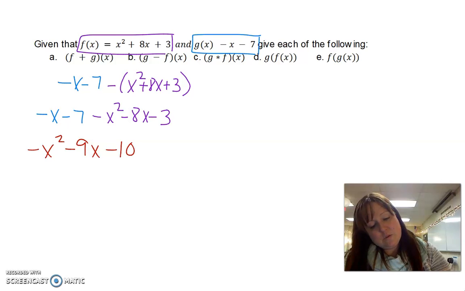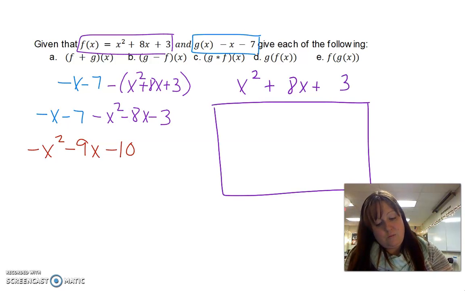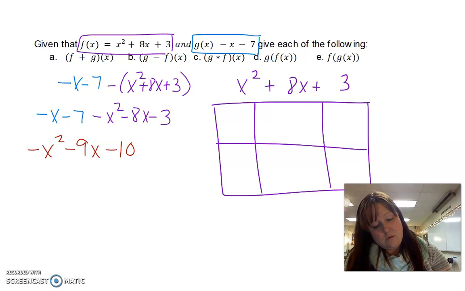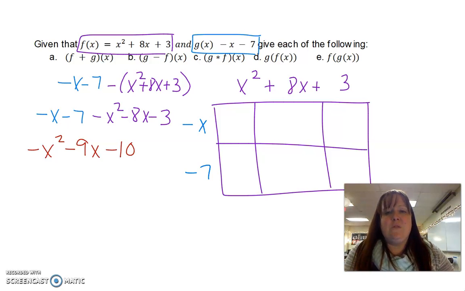Okay, the next one is multiplying, so I'm going to go ahead and use the box because we're multiplying polynomials. That's the easiest way. And then we just draw our box out. This also makes it easier to keep track of all the negatives and make sure everything is taken care of.